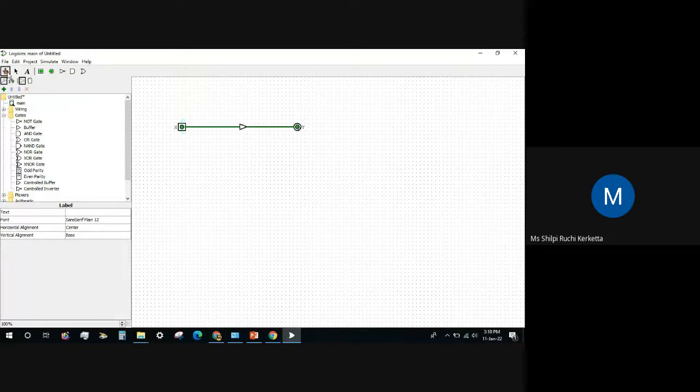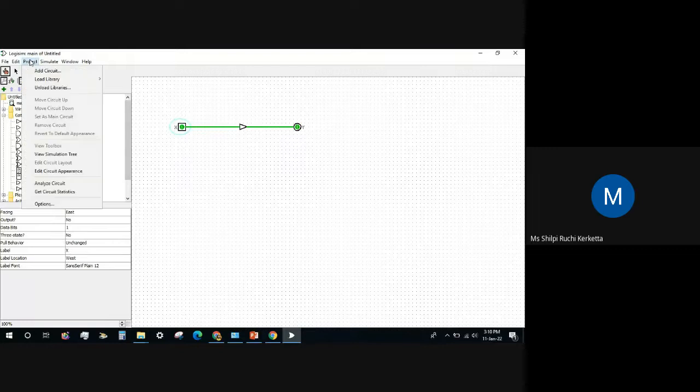So we will click on this button and we see that if X is 0, our Y is also 0. Light green means it is high, it is 1. So if we give input as 1, then we are getting an output of 1.